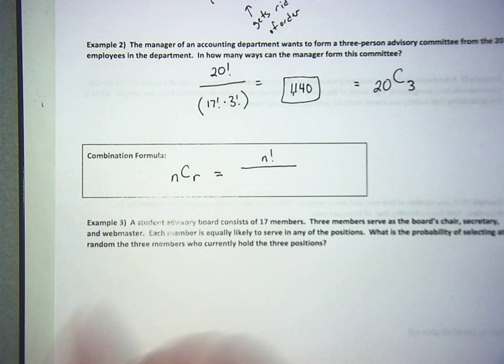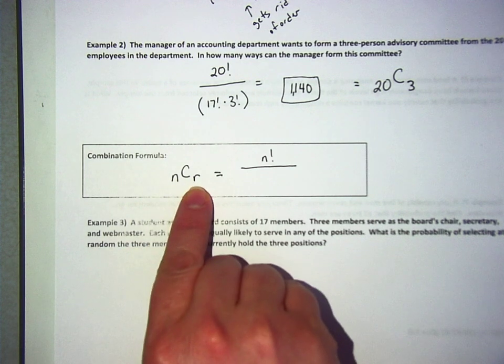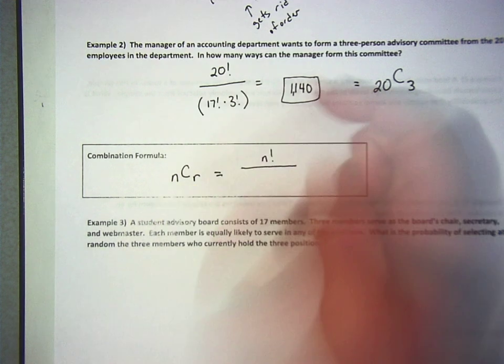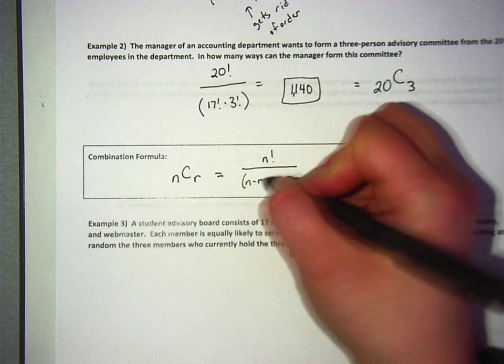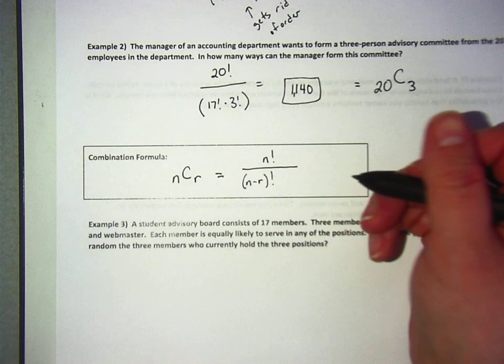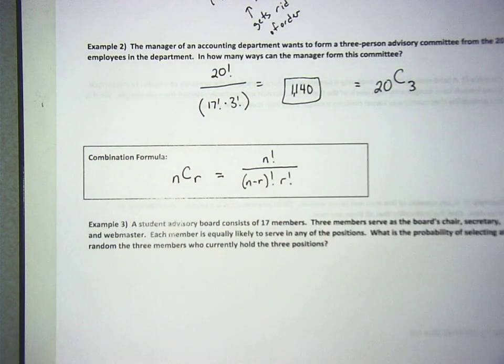You can do it. Like, imagine that this was 20 choose 3. How do we get 17 out of that? n minus r factorial times r factorial. That's exactly right. Go get a prize, Noah. Nice job.